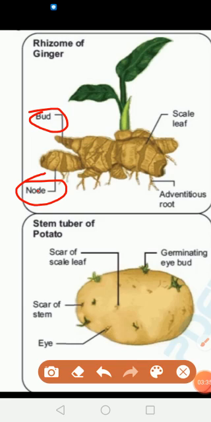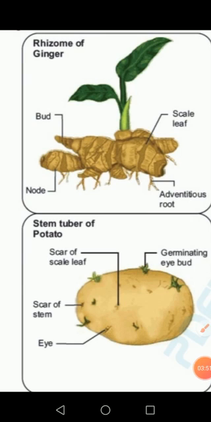The bud will form the shoot, and the lower part will form roots. Okay, so adventitious roots will emerge from the lower part of the node. So that's how ginger will reproduce by rhizome.